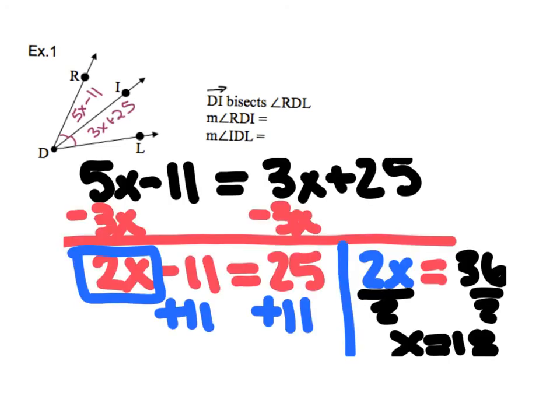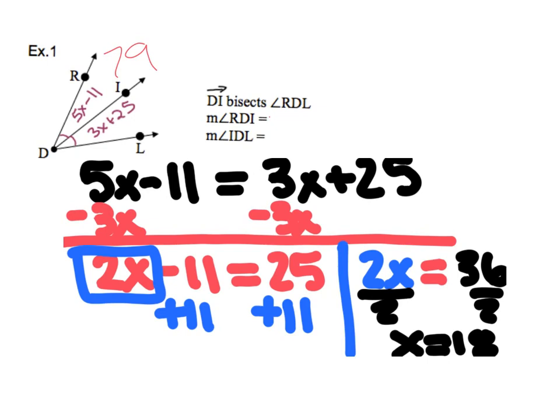Now you're not done, because that's what x is, and that's not what the question is asking for. So all we have to do is actually plug that into our problem here. So 5 times x minus 11, or in other words, 5 times 18 minus 11. And already I get 79.